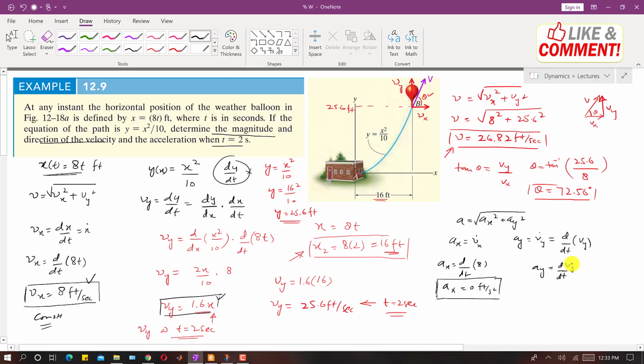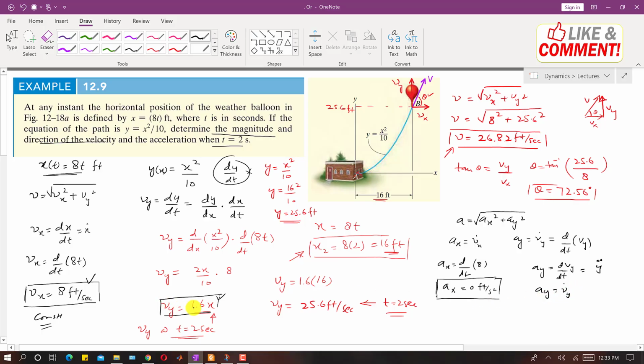In other words, we can say that Ay is equal to y double dot. So if we take the double derivative of y function, then we will get the Ay, or if we take one derivative of Vy, then we will get the acceleration along y.